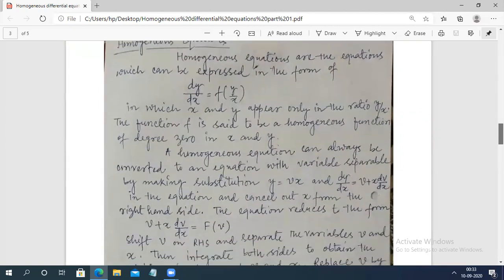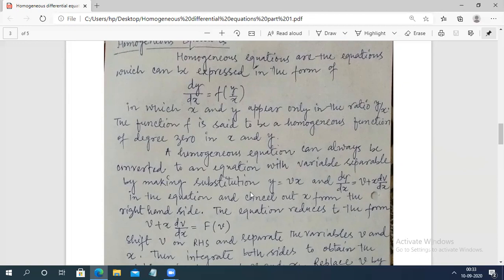Now this homogeneous equation can always be converted to an equation with variable separable by making the substitution y is equal to vx, or you can say y by x is equal to v. So when y is equal to vx, dy by dx will be v plus x dv by dx.